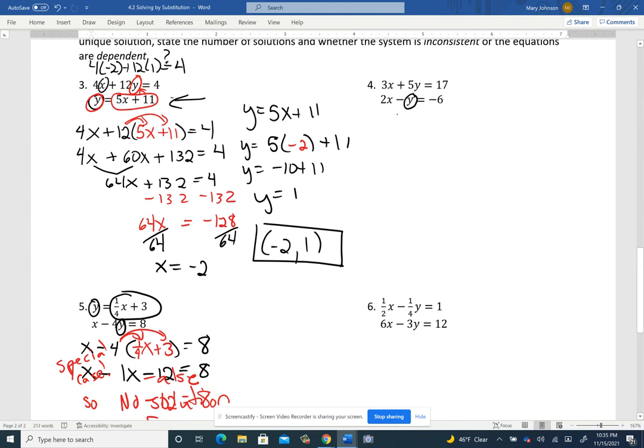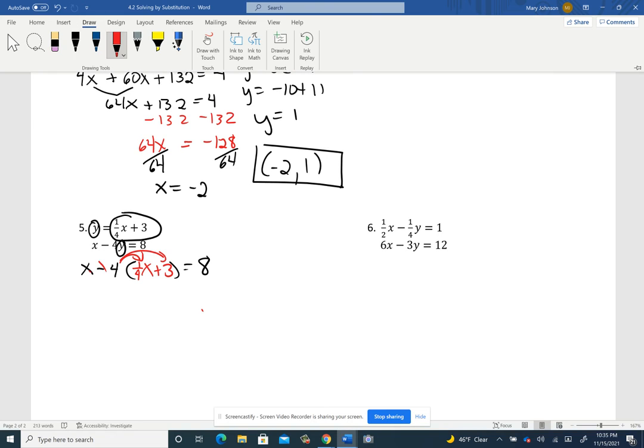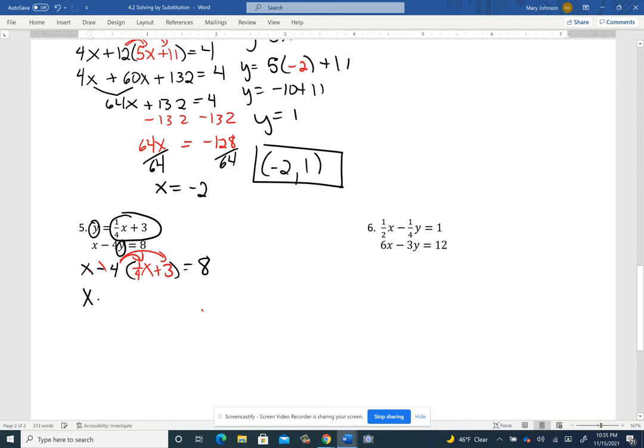Number 4 is a little bit, oops, I hate it when it does that. Let me just clean this one up because it slipped back up. Okay, moved it too quick. So that was x minus 1x minus 12 equals 8.